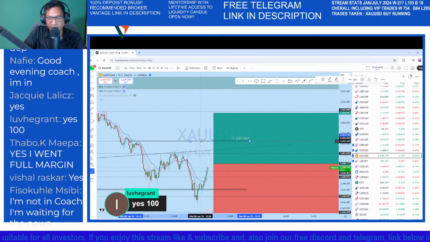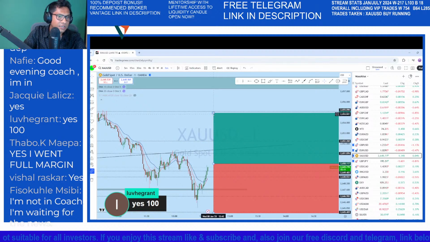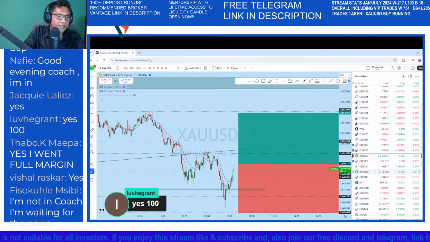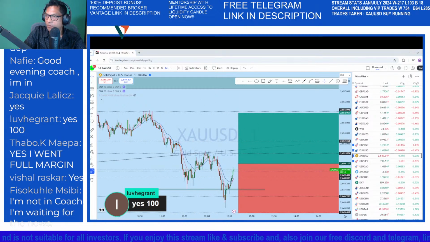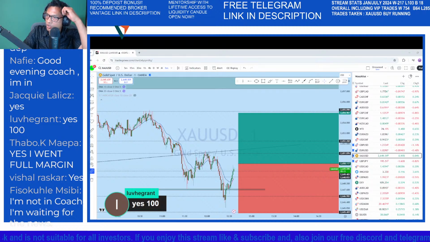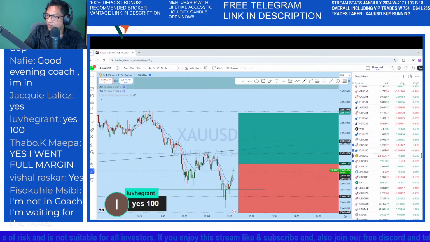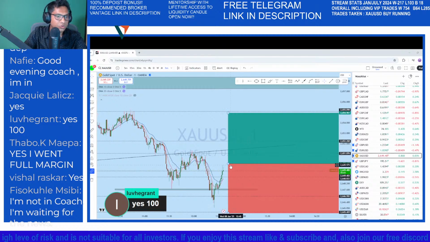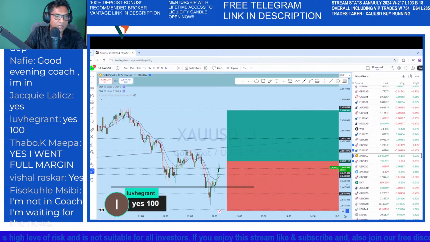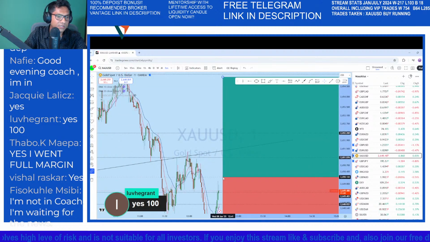I think if it manages to break out, we might see it going to test the daily high. Right, so we are nearing there. As the news is coming in a few minutes, expecting to see some significant spike.